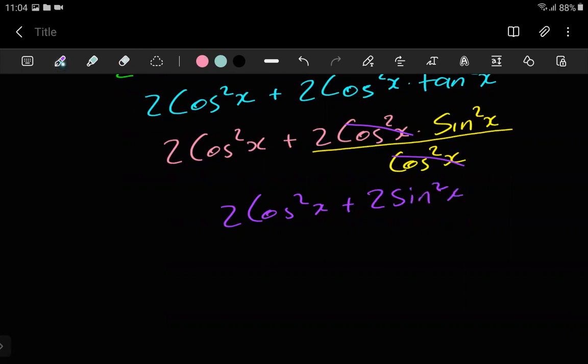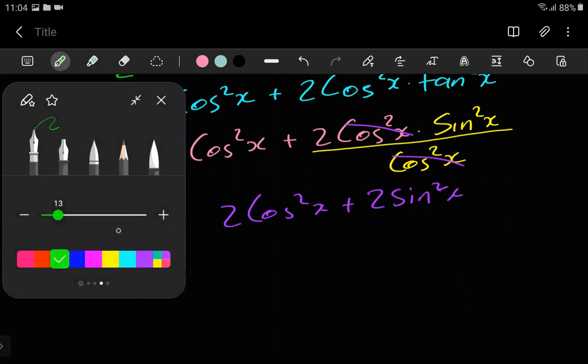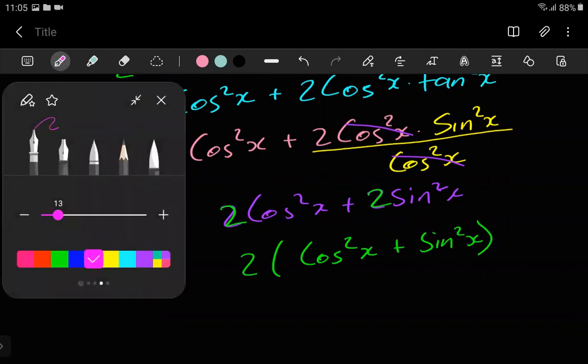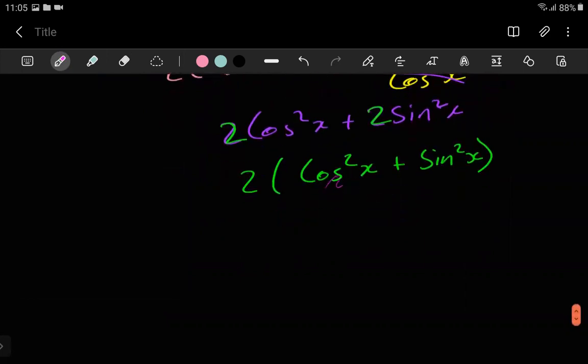From here, remember, you're trying to carry on until you're done. You can take out a 2 as a common factor, so 2 goes out, and you have cos squared x plus sine squared x. This is the square identity, so cos squared x plus sine squared x is just 1, and 2 times 1 is just 2.